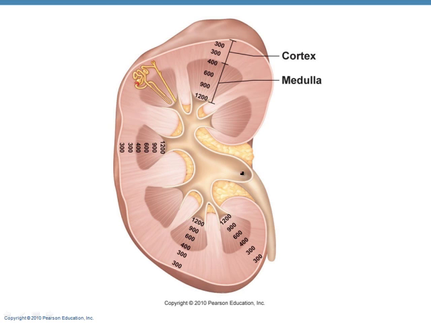Yes? One of the things that's going to control urine volume along with hydrostatic pressure is something called osmolality. And osmolality is defined as the concentration of solute particles dissolved in water.